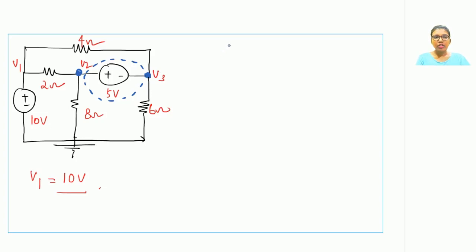The supernode condition has been seen in between the node V2 and V3. So, V2 and V3 together shall form a supernode, which means together they will form a bigger node.